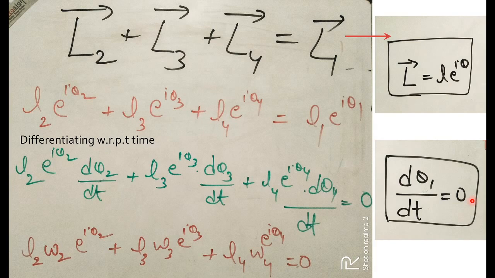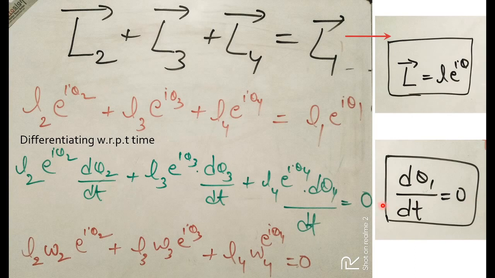Now check, link 1 is your fixed link. So the fixed link has no rotation or motion at all. That means theta 1 is 0. Otherwise it is a constant. No need to be 0, but it is a constant. When it is a constant, d theta 1 by dt will be 0.